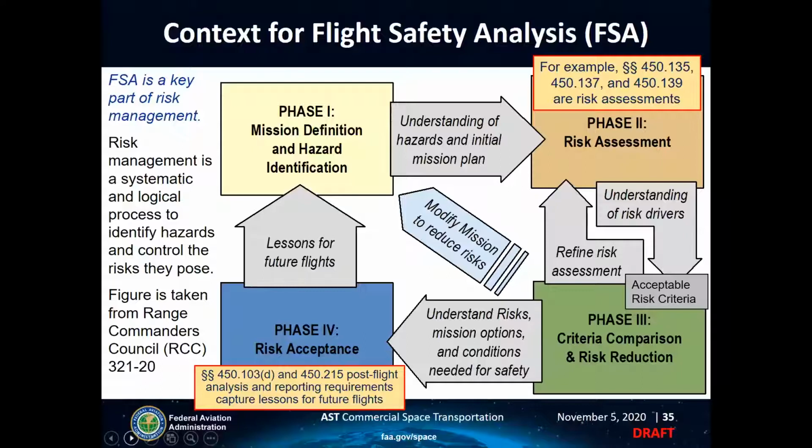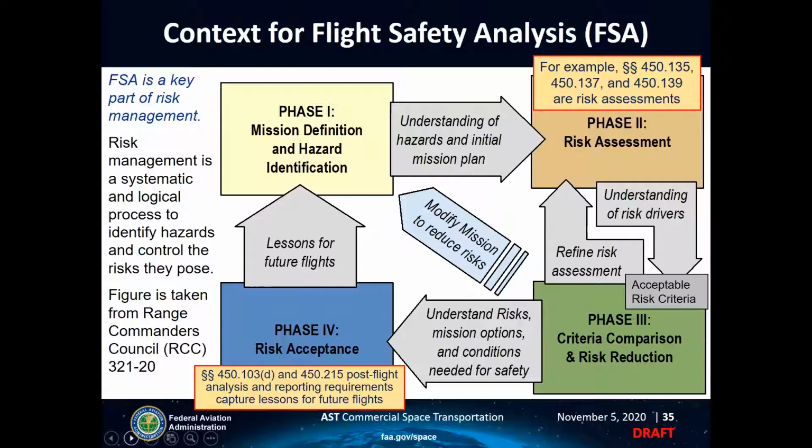So starting at the upper left slot of this figure, you see the first phase is the mission definition and the hazard identification. In the context of Part 450, Section 450.213 with pre-flight reporting is an example of mission definition, and 450.107. Coming out of phase one, we should have an understanding of the hazards and an initial mission plan.